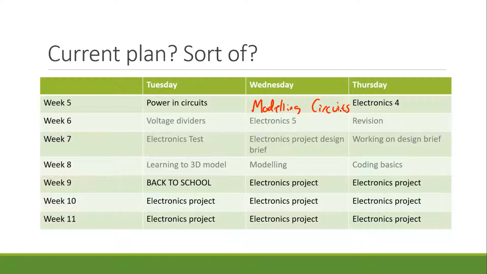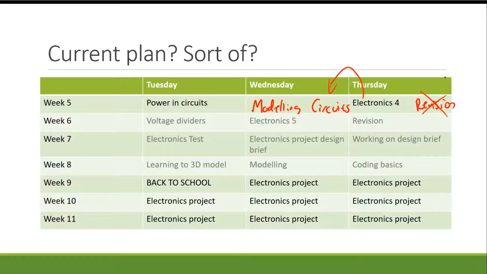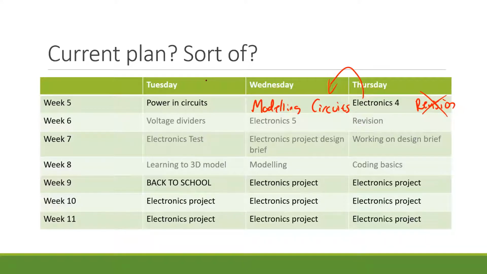What this lesson would normally be, instead of modeling circuits, is electronics 4. Then on Thursday we would do revision. But that's obviously not what we're doing today. I was thinking of letting students work on it, and after that we would have jumped on and done the electronics project.